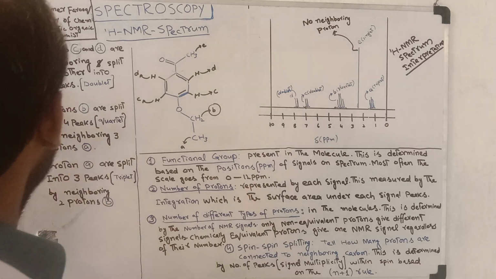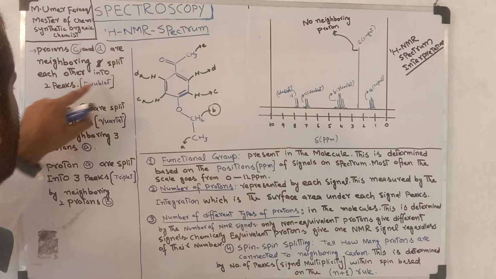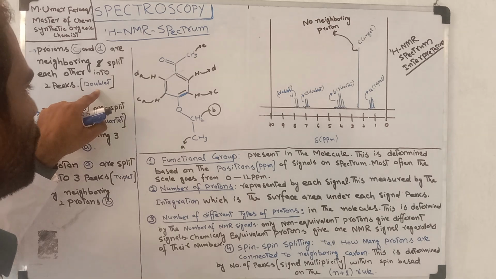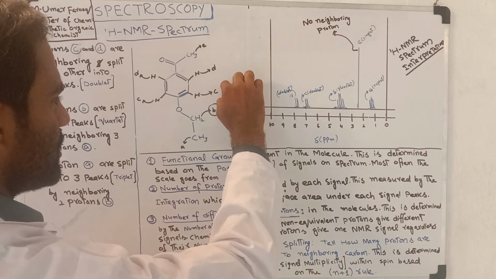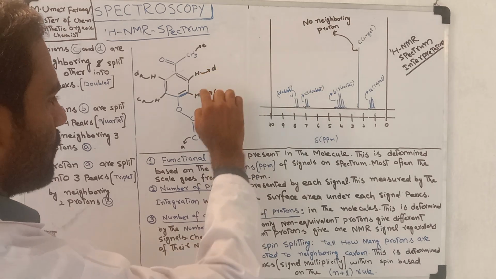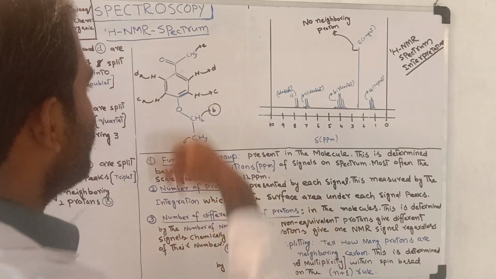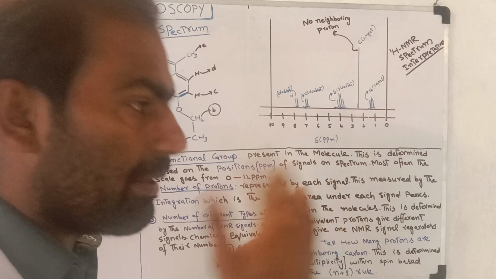Now protons C and D are neighbors and split each other into 2 peaks, which means they show a doublet. C is split by D, and D is split by C, because they are neighboring each other.